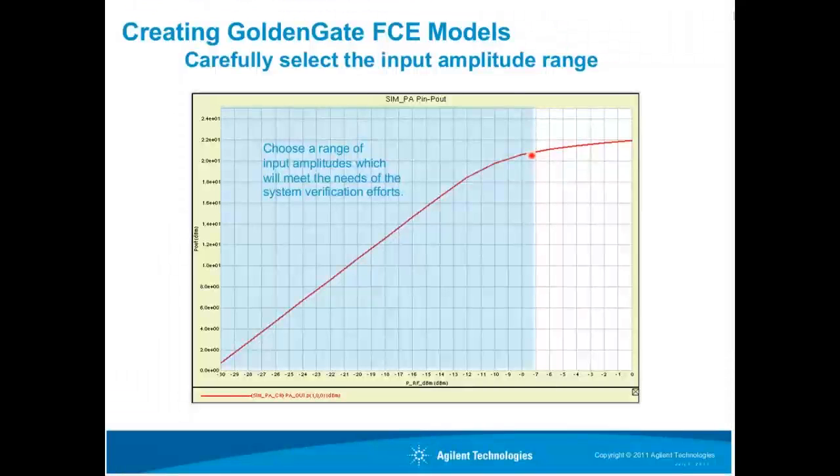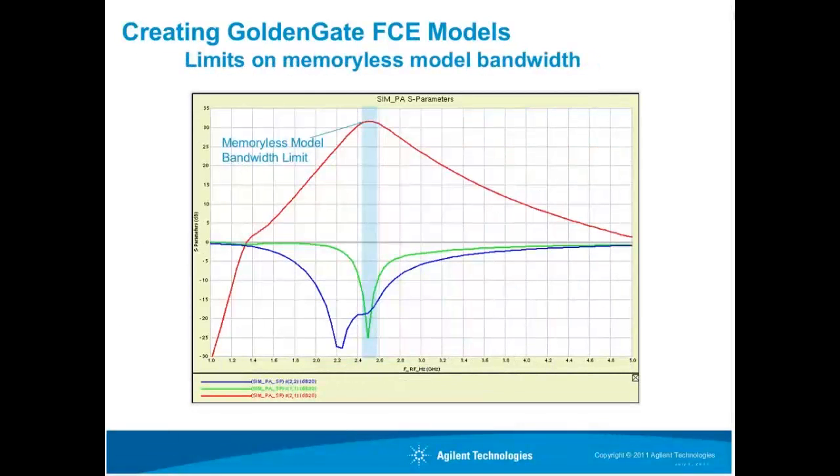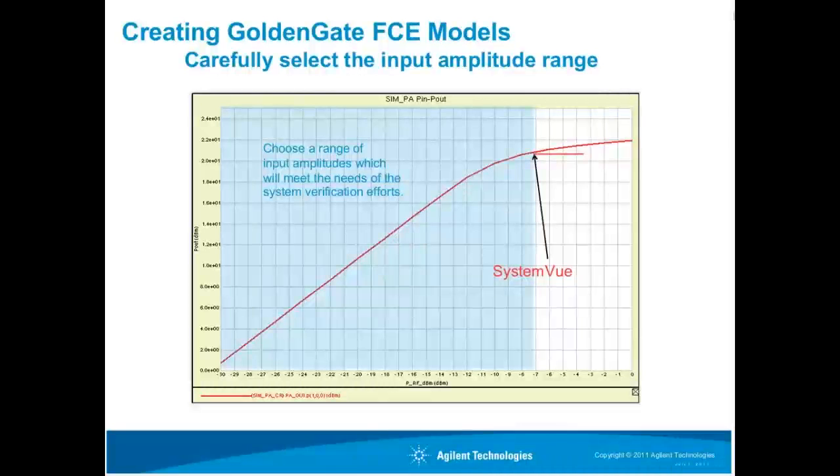So you'll have some peak input amplitude that this model is going to be accurate to. What will happen when your model gets used within SystemVue is it's going to hard clip right at the point where you stopped simulating it during the model creation. So you're going to have to be careful and make sure that you go high enough so the signals that the system level designer wants to use are included in the model that you provided.